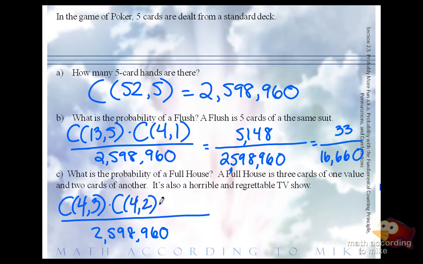Values. So 2, 3, 4, 5, 6, 7, 8, 9, 10, jack, queen, king, ace. 13. Out of those values, how many do we need? 2. So this is the third combination.